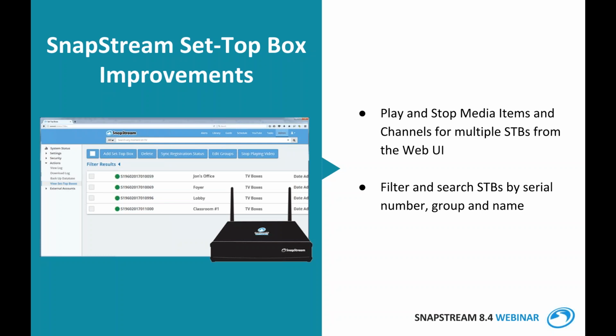Managing thousands of SnapStream set-top boxes is easier with the ability to search by group, name, or serial number to play, stop, or configure. Limit your important announcements to a specific campus or building. Okay, let's go to the next.